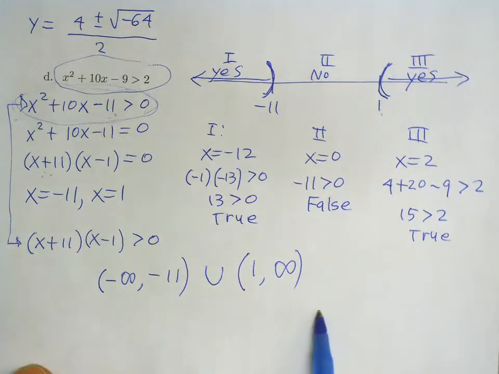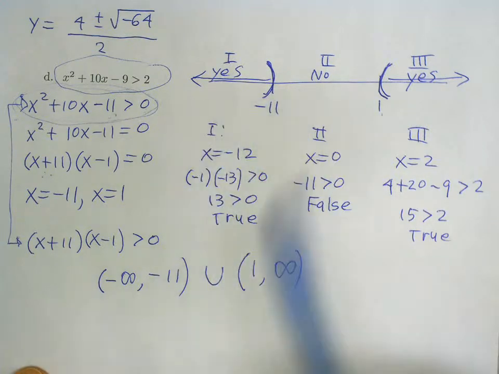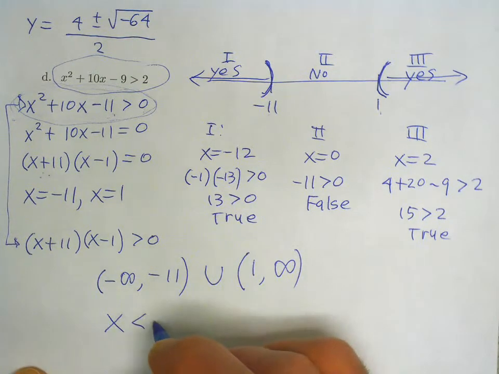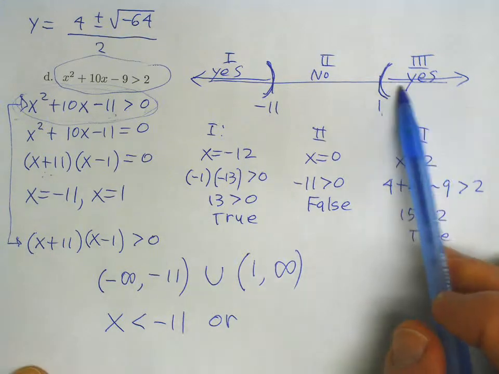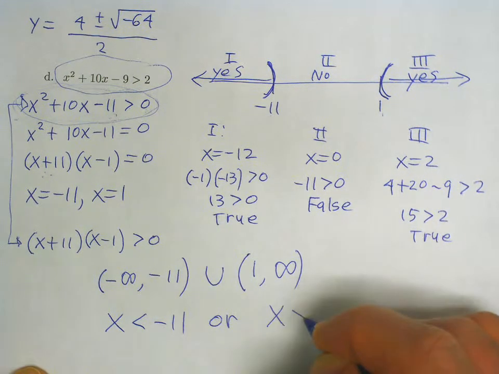This is the interval notation. The algebraic notation, this part of the number line is x is less than negative 11. Then we write the word or. This part of the number line is x is greater than 1.